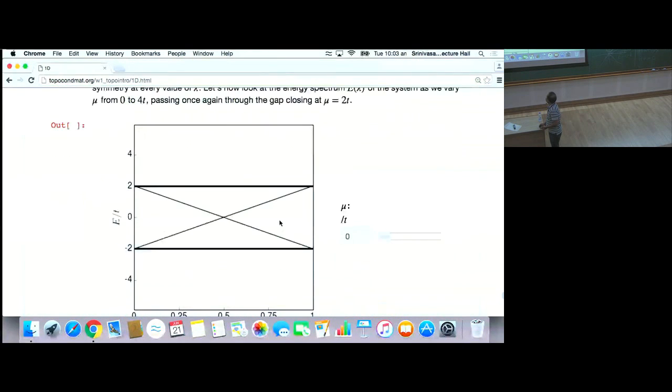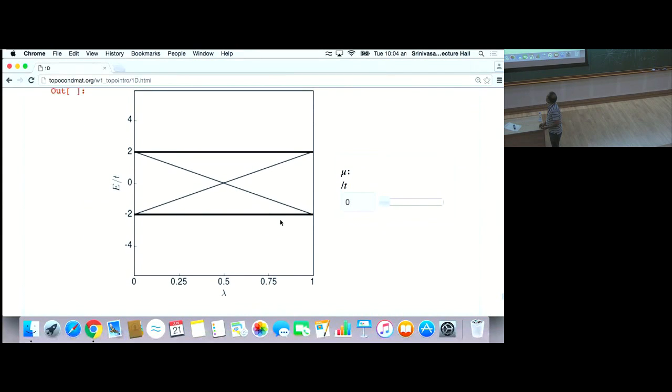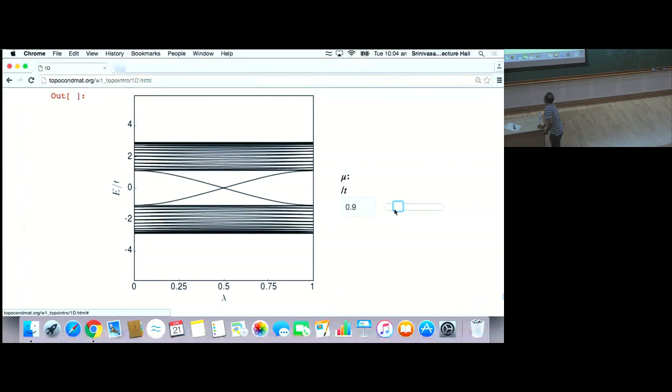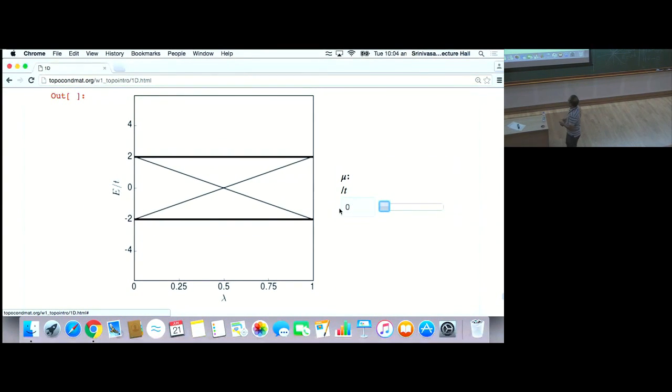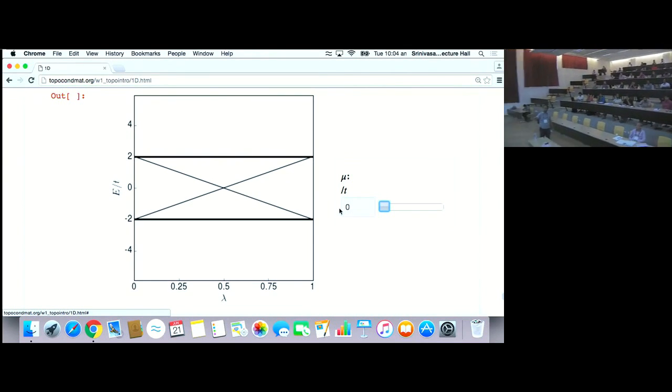So again, we have one of these simulations of the spectrum. This is the spectrum as a function of lambda, and these are the bulk bands, and you get a pair of modes at the interface. As you see, this is the topological case.